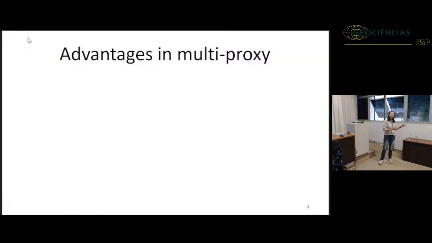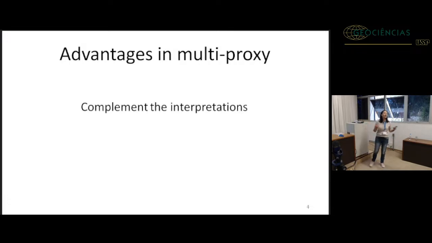So what are the advantages of using multiproxy? We can complement our interpretations or confirm our interpretations. As we already saw with, for example, Roger, who talked about the vegetation, and we also use strontium to confirm that it's really vegetation that we are seeing in our carbon.